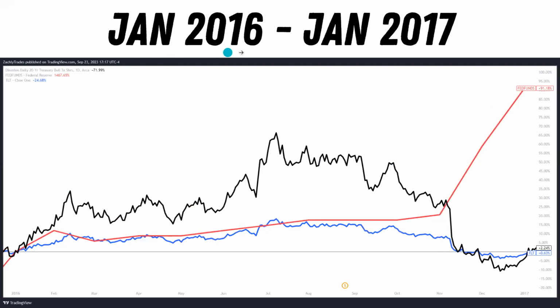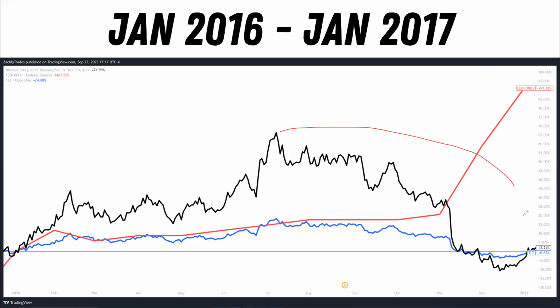Now we have January 2016 to 2017. And here we're seeing this really interesting environment, guys, where again, the Fed fund rate is slowly creeping up during this time period. And look at what TMF is doing, right? Look at what TLT is doing. Both of those were actually rising for the first half of this period. And then in that second half, you can see the Fed fund rate really starts to go up aggressively.